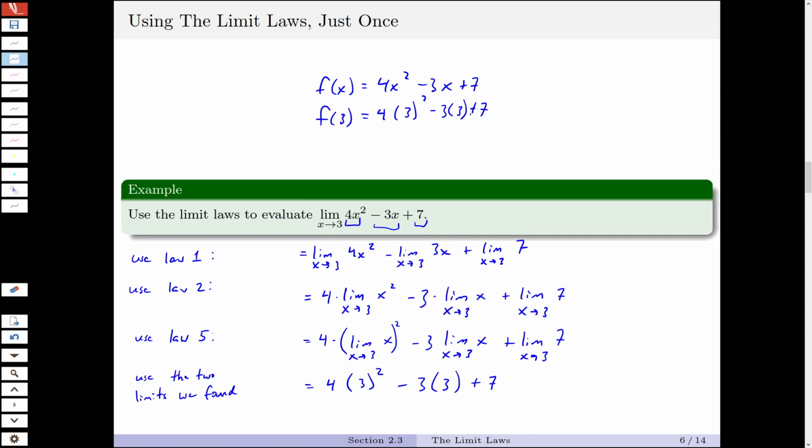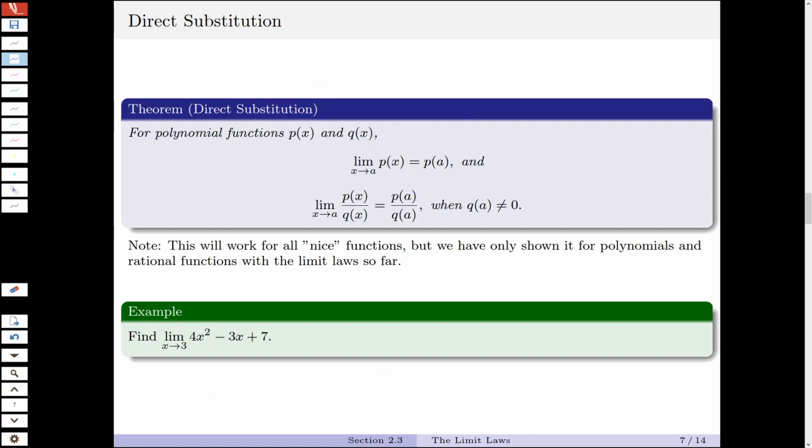Okay. So that gives us a theorem, and that explanation is as much proof as I'm going to give you. Again, I'm not going to do a full proof, but what we can do now is, when I want to figure out a limit, we're just going to plug into the function. And we've shown that this works for polynomials, based on the example we did.